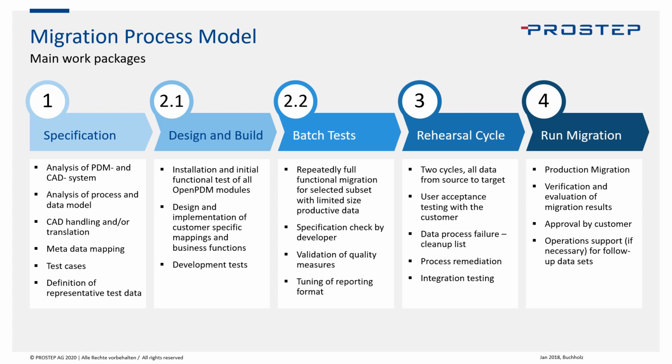So the first phase is specification, and that's where we do an analysis of the data within the source systems. We try to understand what might be bad data initially so that we can start any cleanup efforts there. We test out processes for handling CAD, test out processes for any translation that you might have, and go ahead and write down what the mapping is and the test cases.